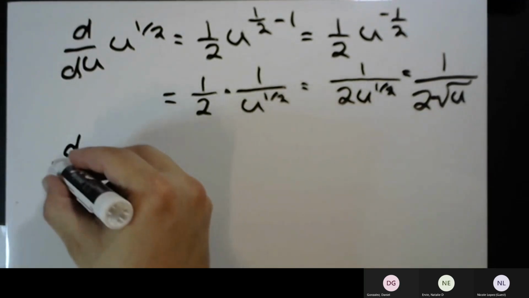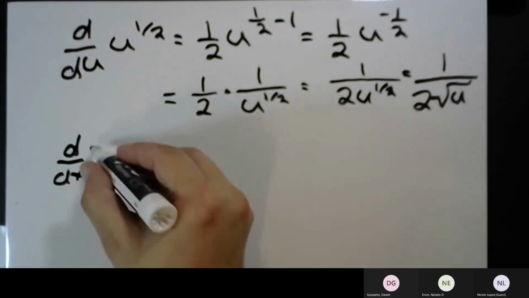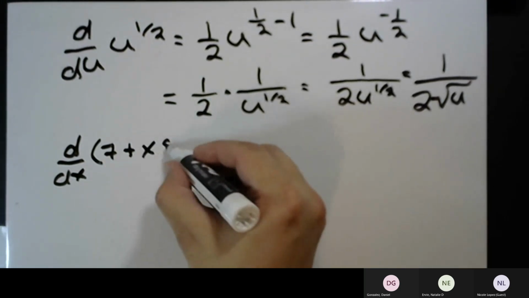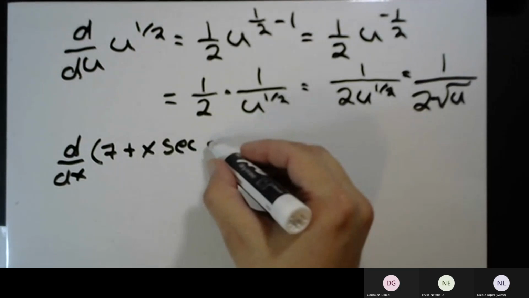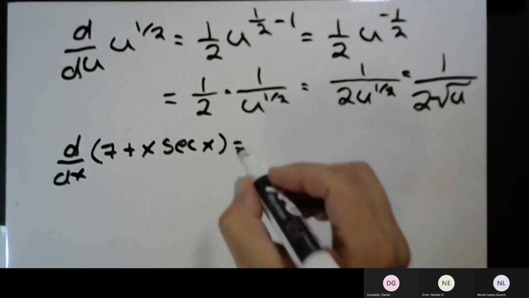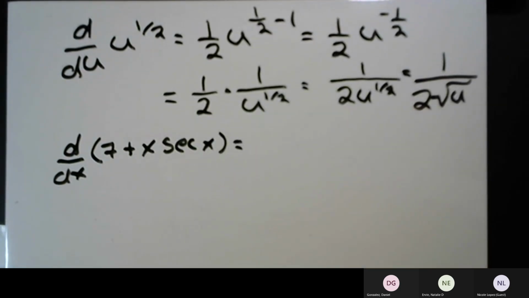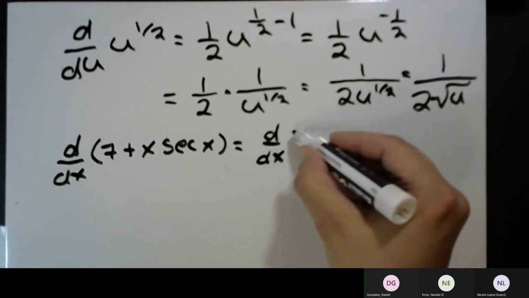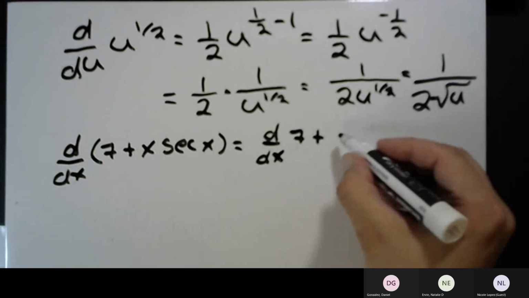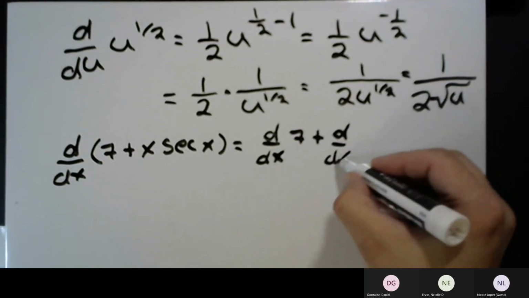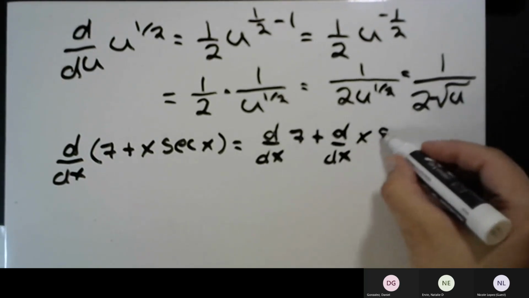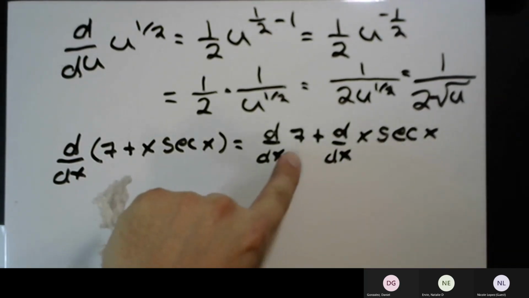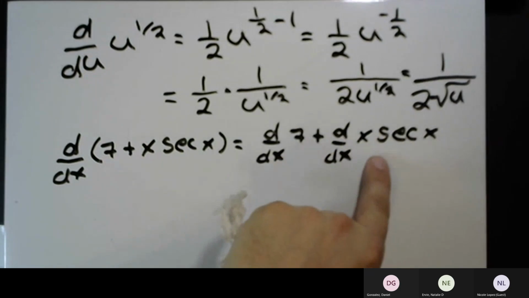Now we need d dx of 7 plus x secant x. So distribute the derivative. Now again, the derivative of a constant is going to be 0, but this we're going to need the product rule.